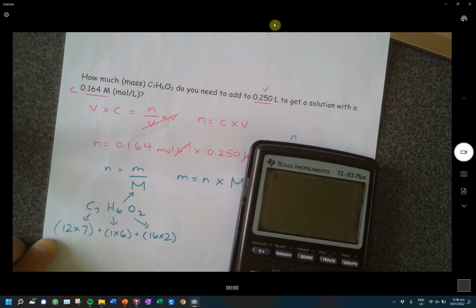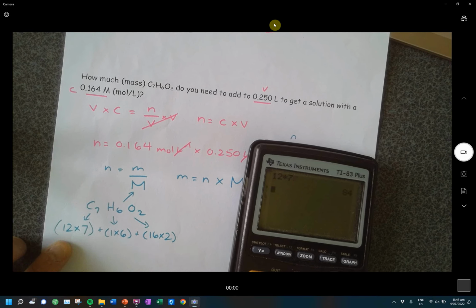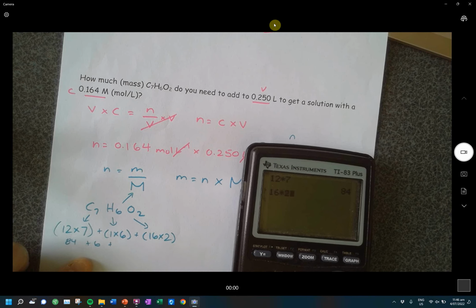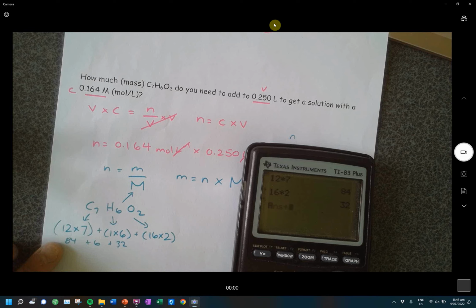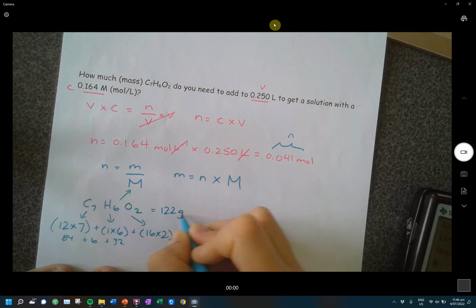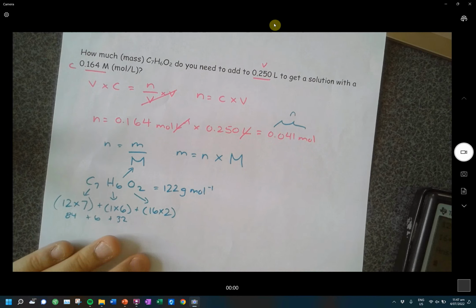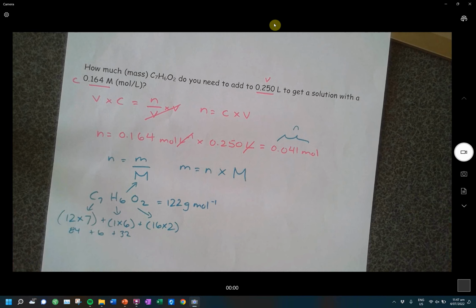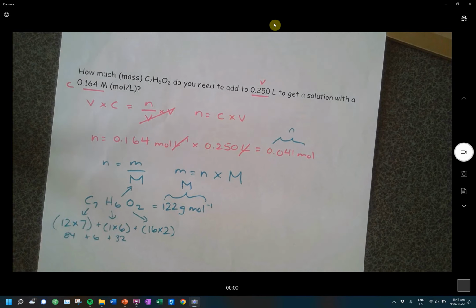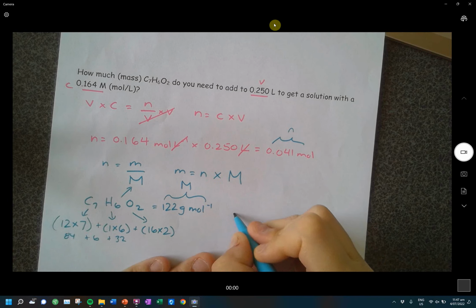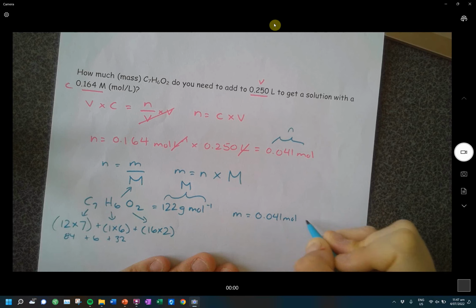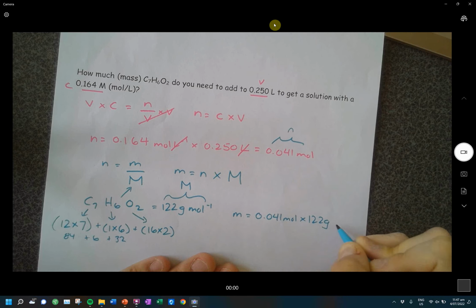All right. So 12 times 7 is 84, plus 6, plus 16 times 2 is 32. So my total mass is 122. Are you okay with that? So that here is my big M. So I have my little n now. I have my big M. So I can plug in my numbers. Mass equals 0.041 moles times 122 grams per mole.